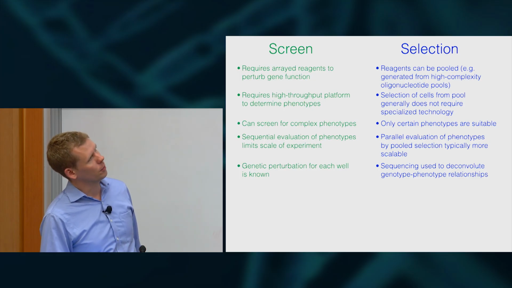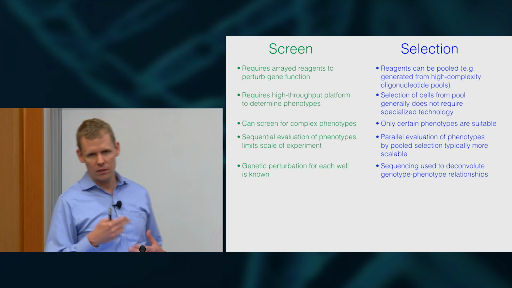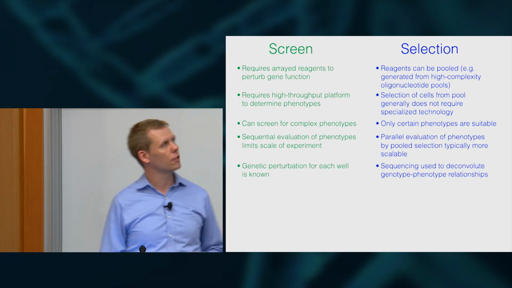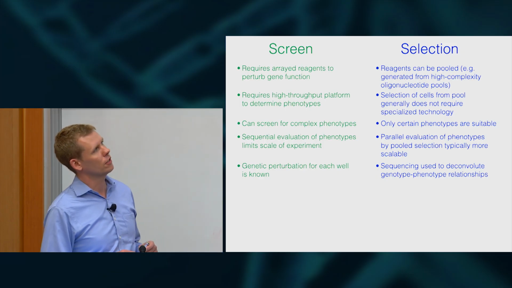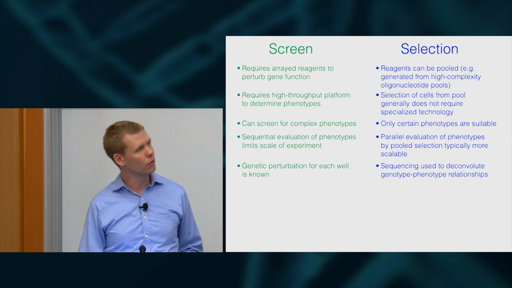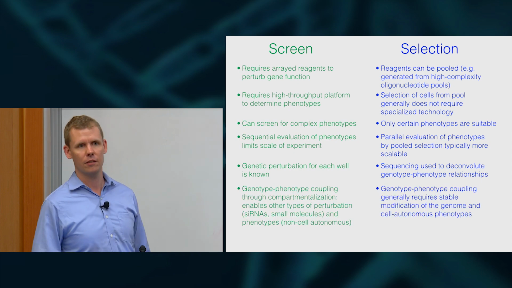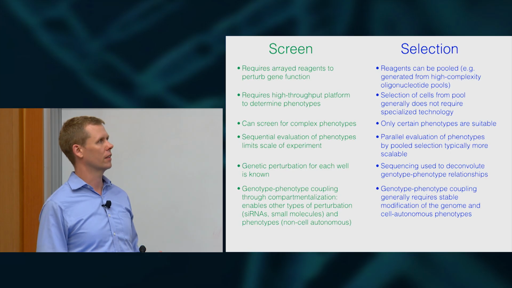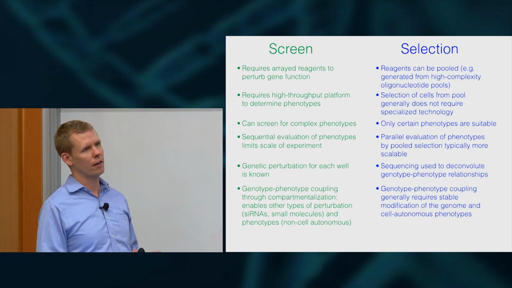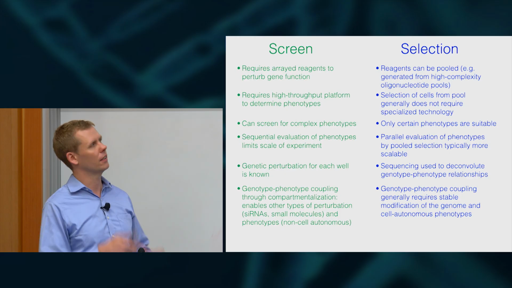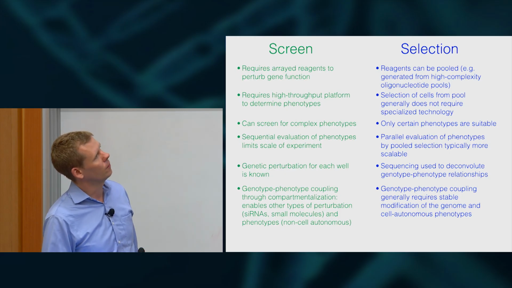In the selection-based experiment, you use deep sequencing to interpret this connection between genotypes and phenotypes, which means you need genotype-phenotype coupling. So that means you need, in this case, to integrate guide RNAs, for example, into the genome stably, so you can actually recover what was the genotype in these cells that we selected out here.